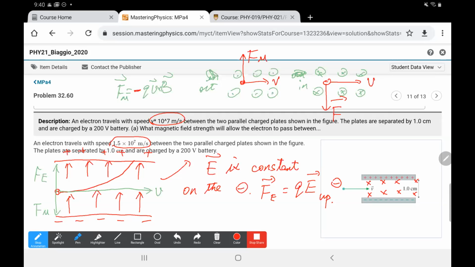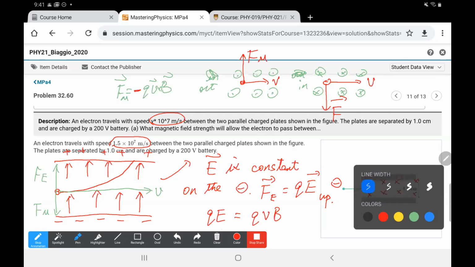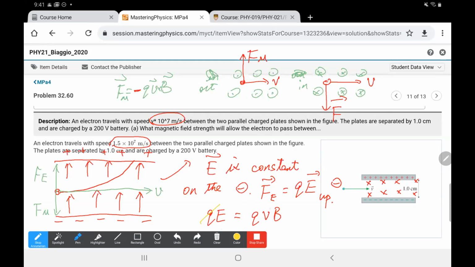Then let's determine the magnitude of the force. If these two forces are equal, then the charge times the electric field should equal the magnetic force on the charge. And you will find the charge cancels.